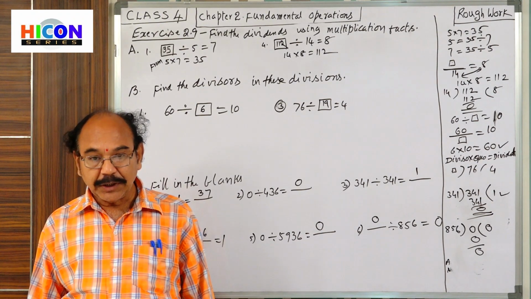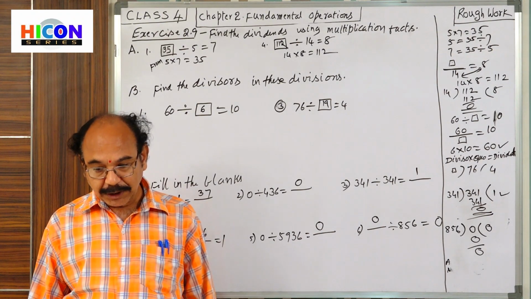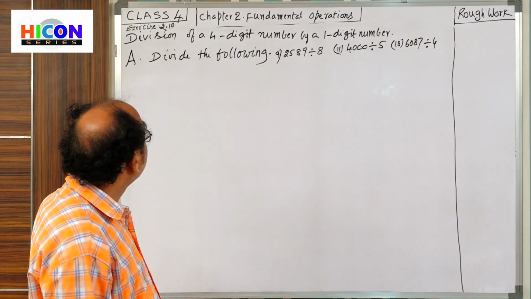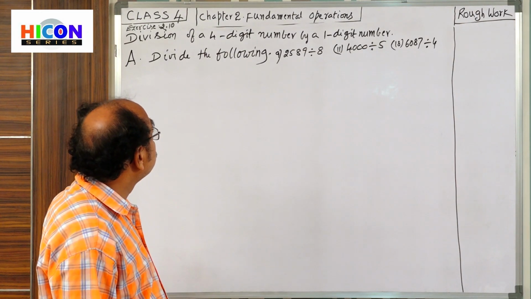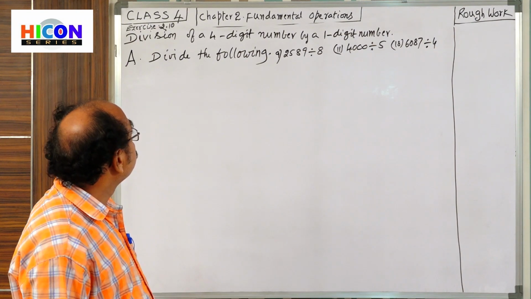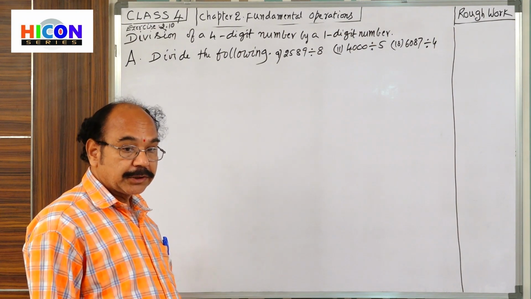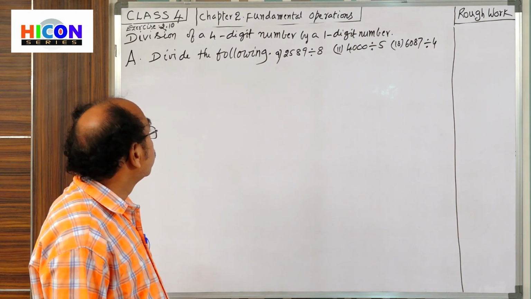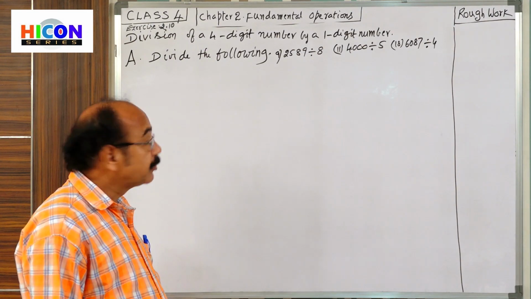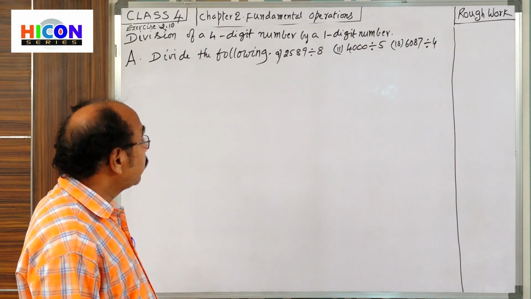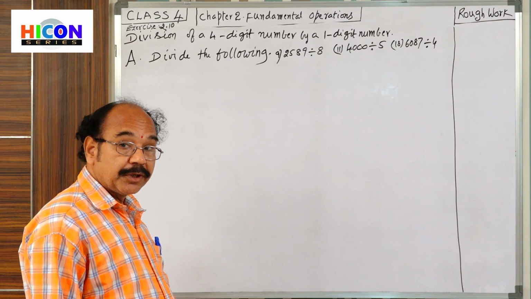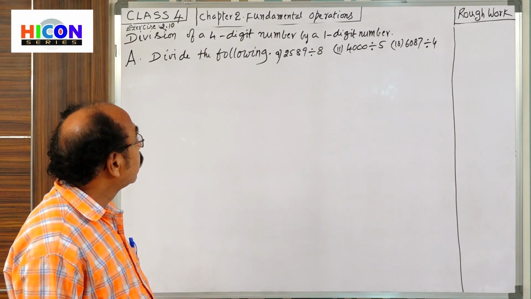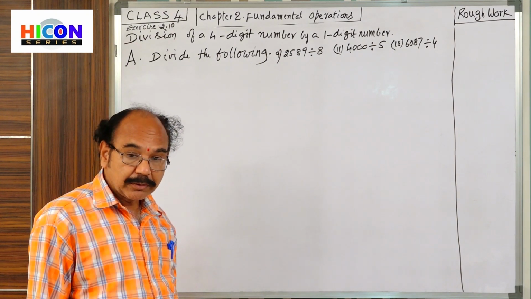Okay, children, so using the properties, we can do the divisions and we can check the division works. Now we go for divisions. In exercise 2.10, there are some division problems: division of a 4-digit number by a 1-digit number.